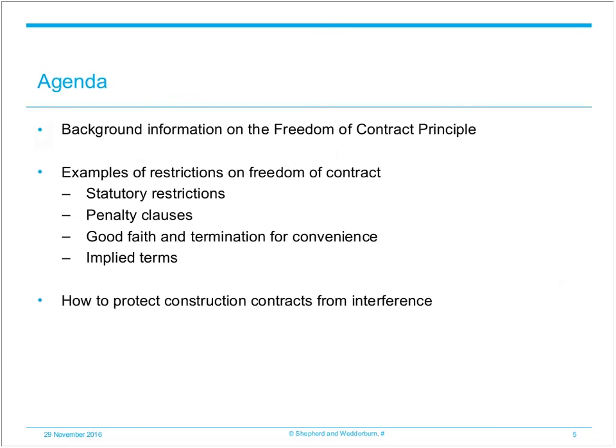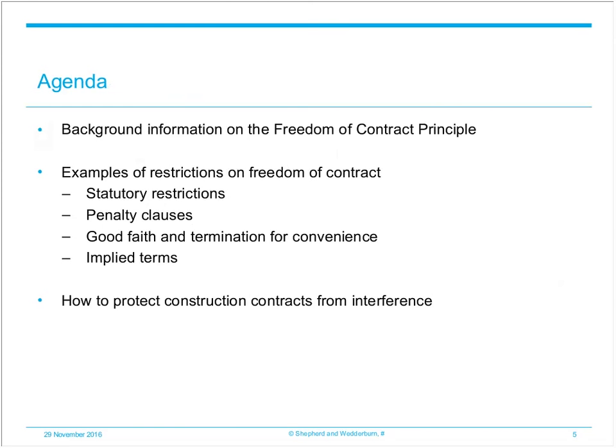Thanks, Iain. We will begin with a brief background on the freedom of contract principle, what it is and why it is important. We'll then go on to examine where and when the freedom of contract principle is restricted. Firstly, we will look at examples of statutory restrictions put in place by government legislation.